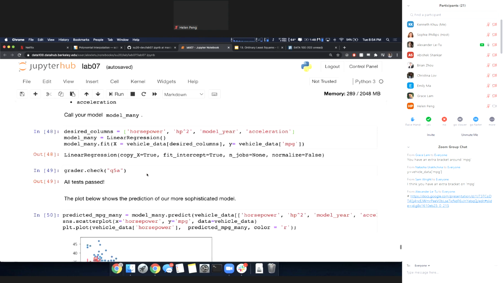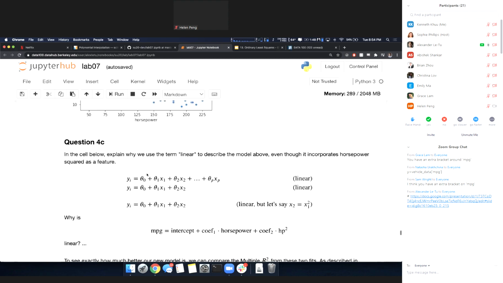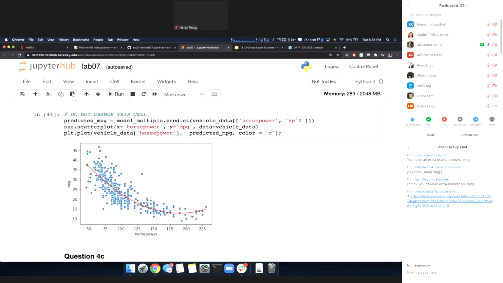And if we go back to our graph from earlier, when we just had horsepower and horsepower squared, we can see here that this simple curve is maybe a lot better at predicting.